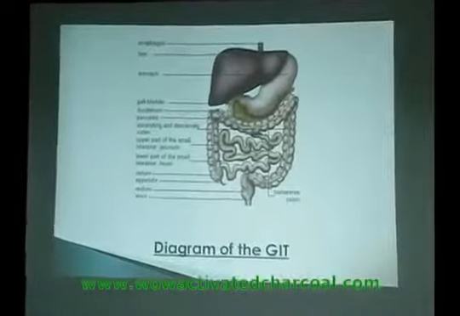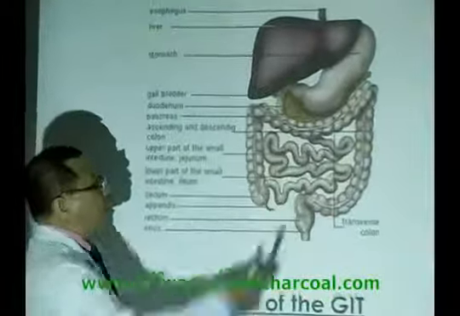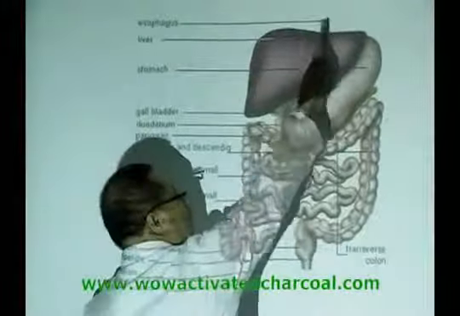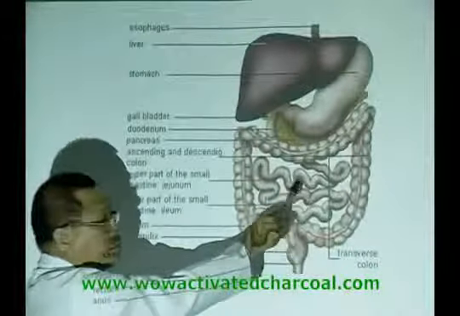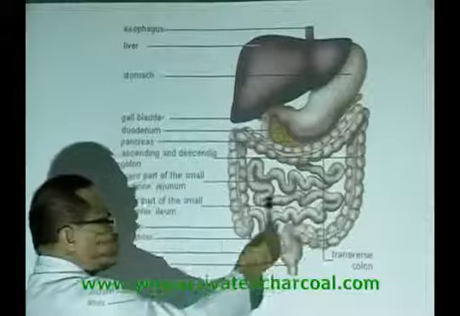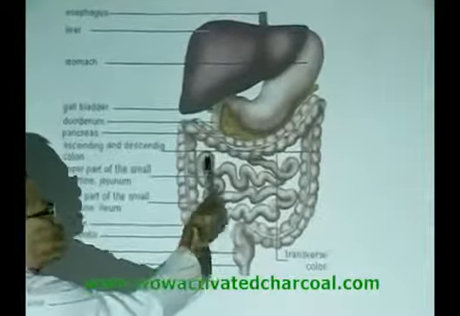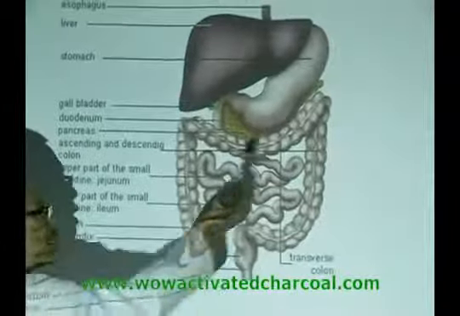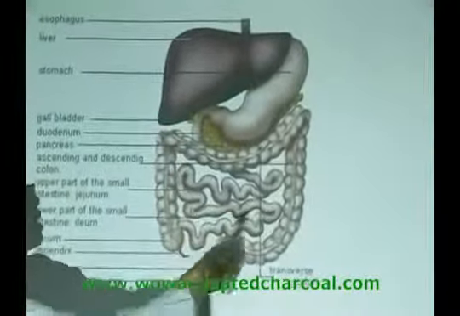Well, let us show here the diagram of the gastrointestinal tract coming from the mouth and esophagus down to the stomach and then to the small intestine. The small intestine measures about 20 to 21 feet, or about 7 meters long, and this is where the digestion and absorption of food materials take place.